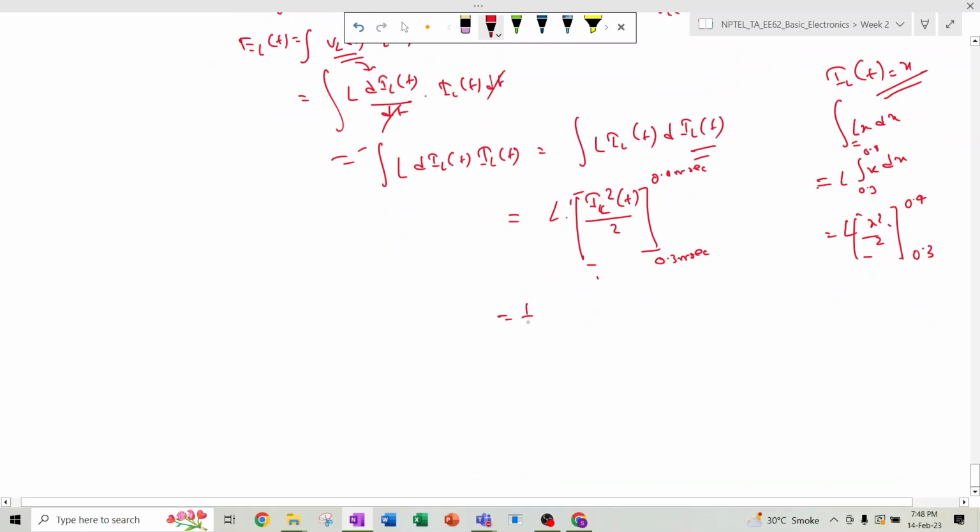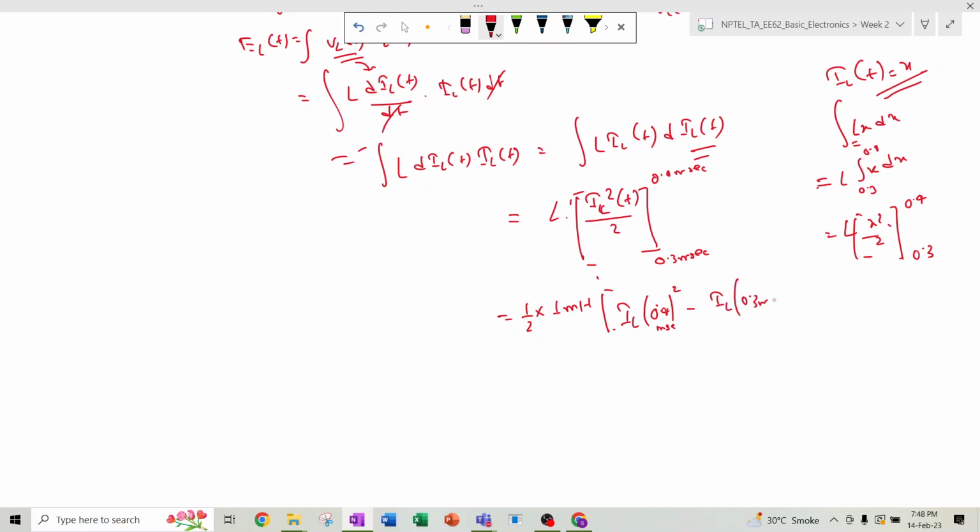So it is half into L, where L is 1 millihenry, into IL at 0.4 millisecond squared minus IL at 0.3 millisecond squared.